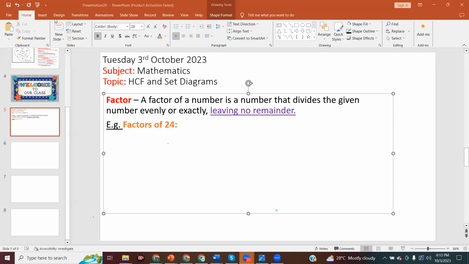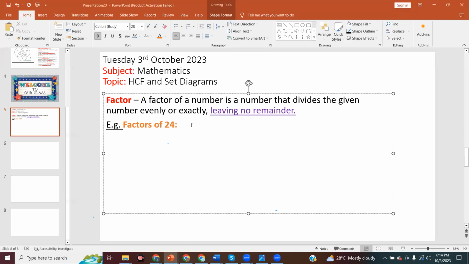So we want the factors of 24. 6, 4, 12, 2, 1, 8. Okay, good. All of you are correct. I haven't seen one incorrect answer.